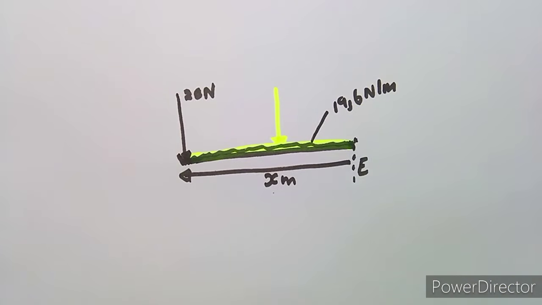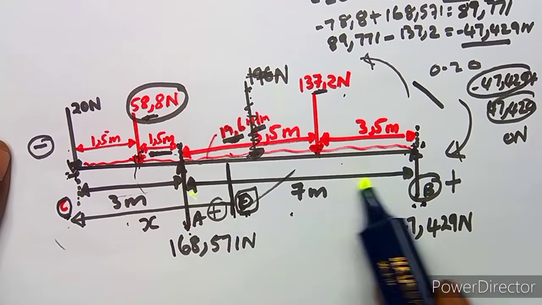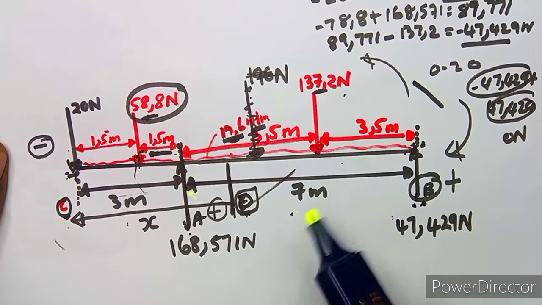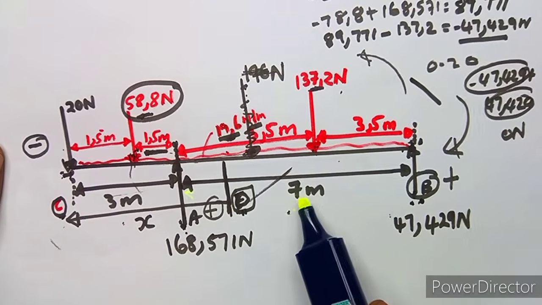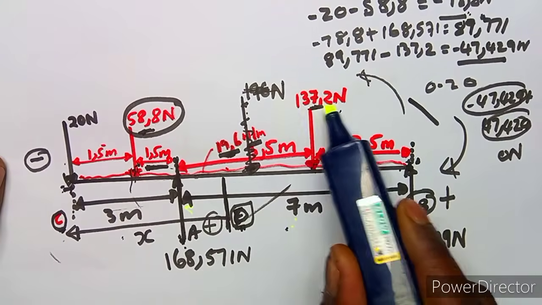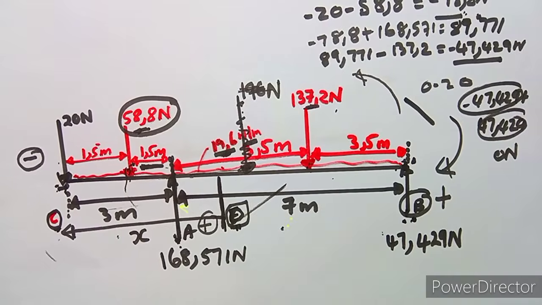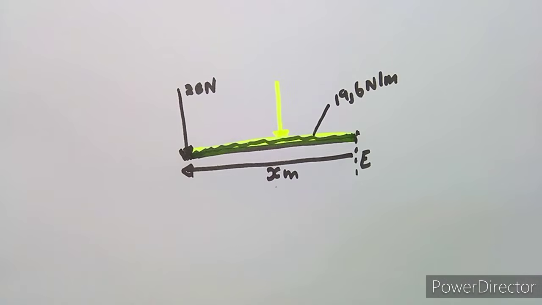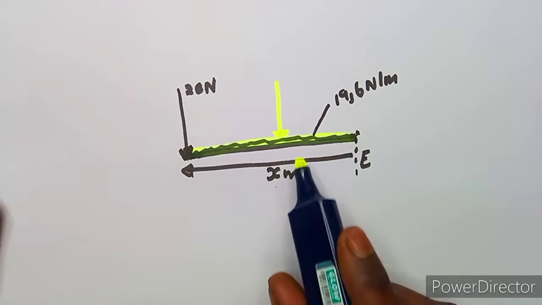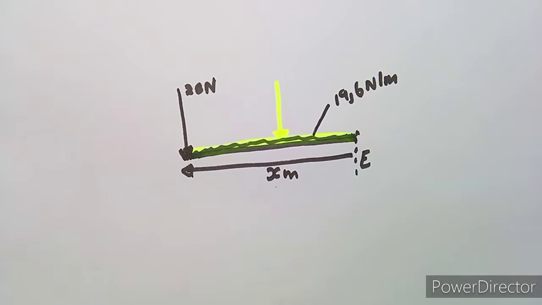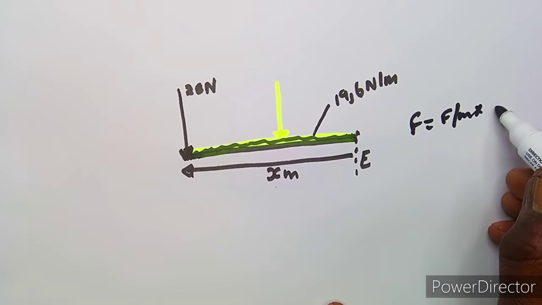Guys, let me take you back to what you used to do: you knew the distance was 7 meters and the force per meter was 19.6. So you multiplied 19.6 times 7 and obtained 137.2, which you drew as a concentrated point load. It is the same thing, though we do not know the distance. So we shall make an assumption and say we have the distance as x, which means the force here is equivalent to the force per meter times the distance in meters.